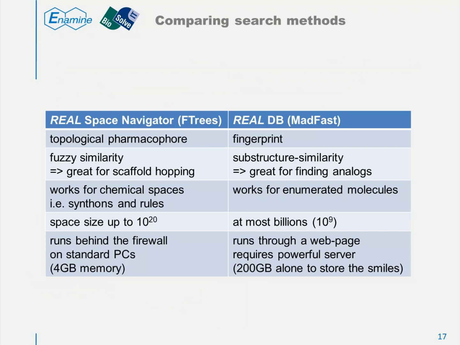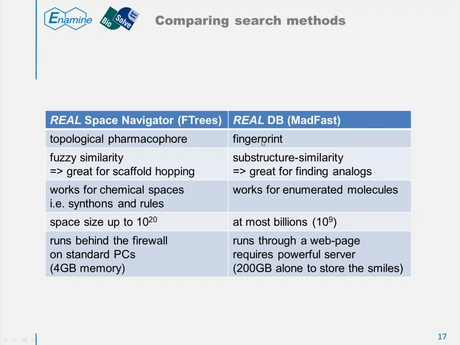And as Yuri mentioned before, there are two versions, the REAL Space Navigator, which is using the Ftrees algorithm, and the REAL Database, which is using the MADFAST algorithm from ChemAxon. And just to point out the differences here, as I said before, Ftrees uses topological pharmacophore descriptors.